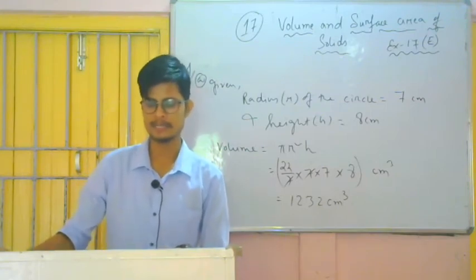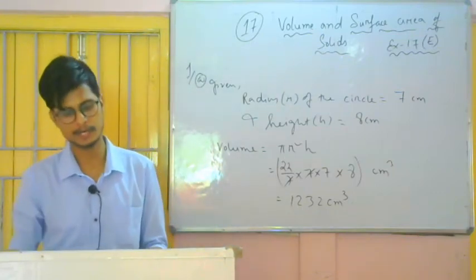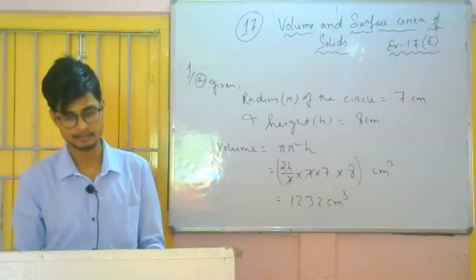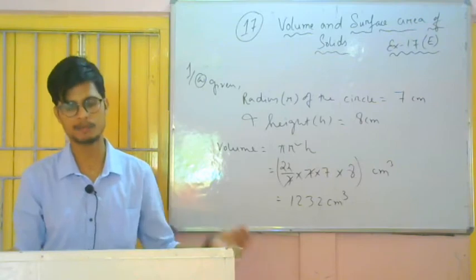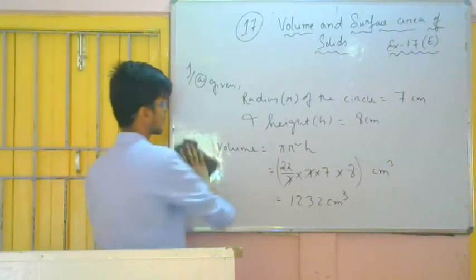The volume of the cylinder is given, find the height if the radius is 5 centimeters. So here in this case the height is missing, and the question is to find the height. The radius is given, 5 centimeter, so same as this one.